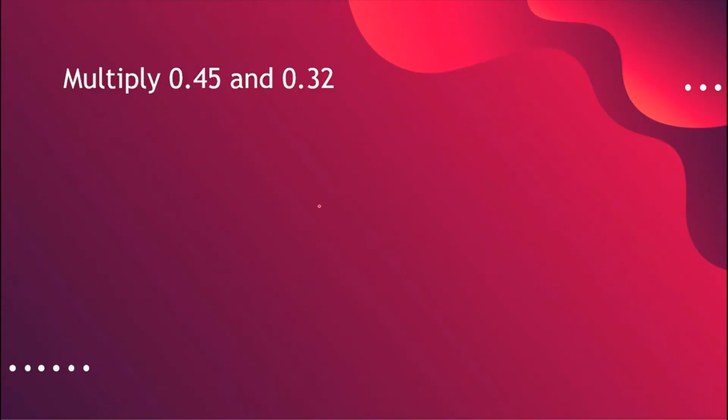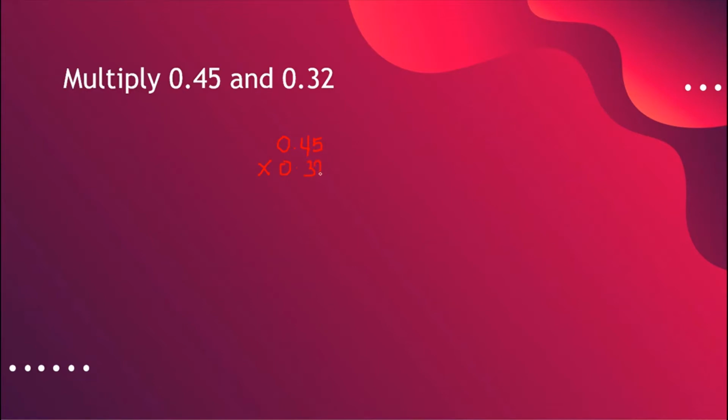Now let's proceed. This time we're going to multiply 45 hundredths times 32 hundredths. So let's use the stack form. 0.45, multiplied by 0.32.